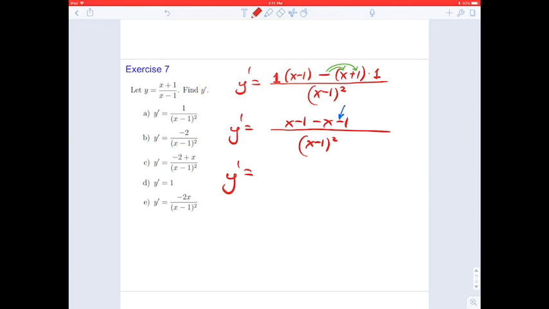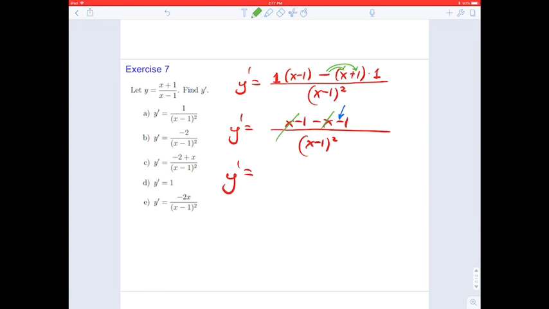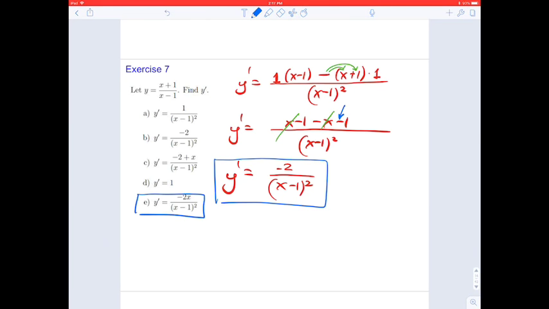That's the common mistake. We have some cancellation, negative and positive. Negative 1 and negative 1 is negative 2 over x minus 1 squared. That's the final answer. And I believe one of the options is like that. Yes, that's the final answer.